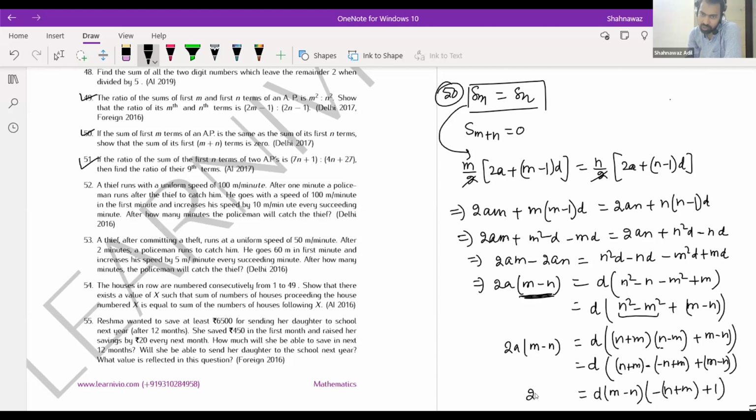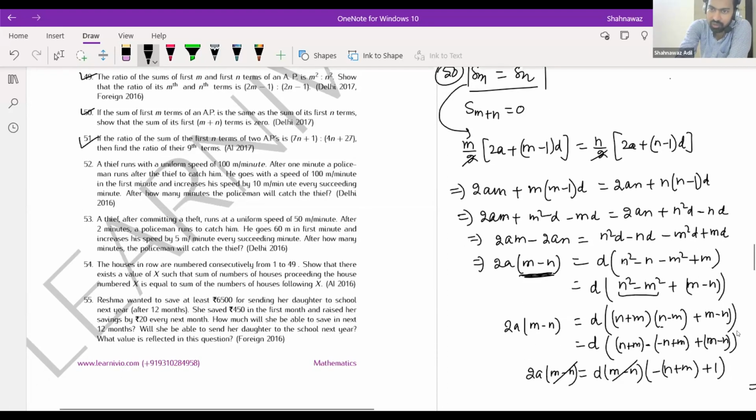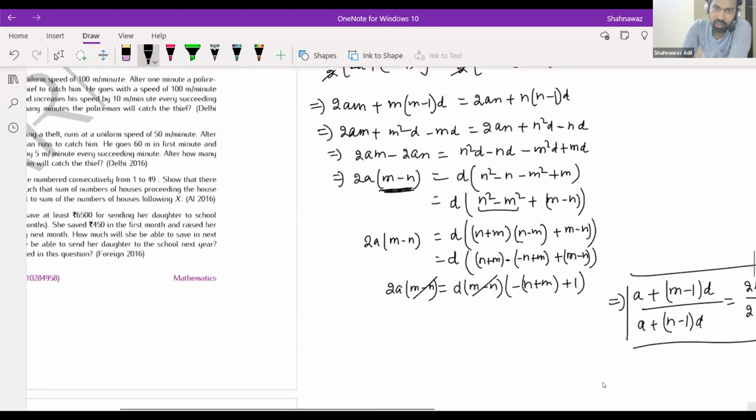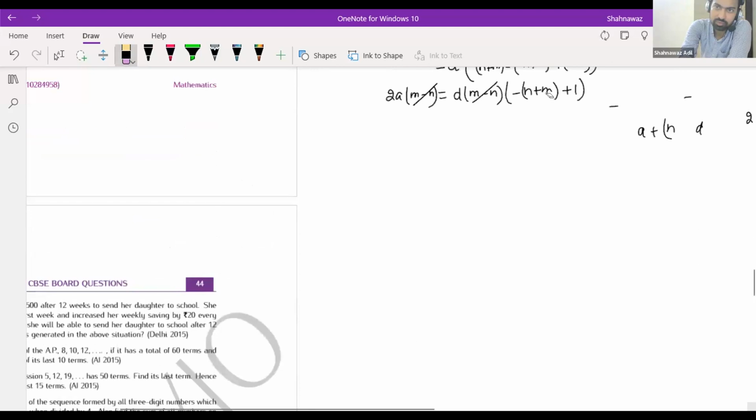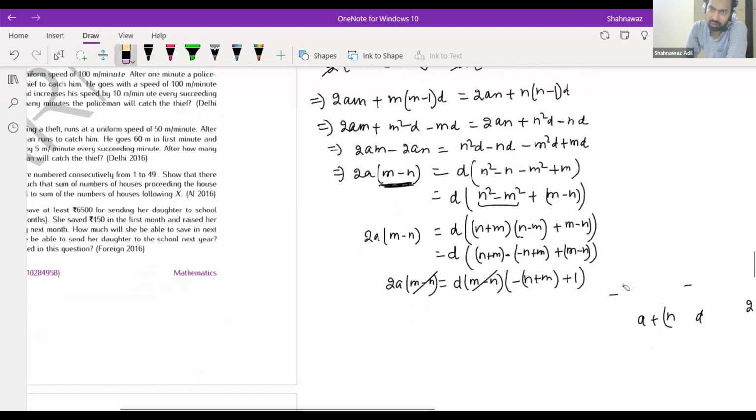So 2a into m minus n. So m minus n cancels, and so what do I have? I have 2a equals to d into 1 minus m minus n.